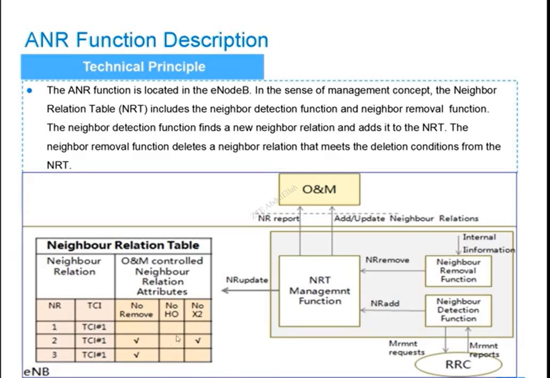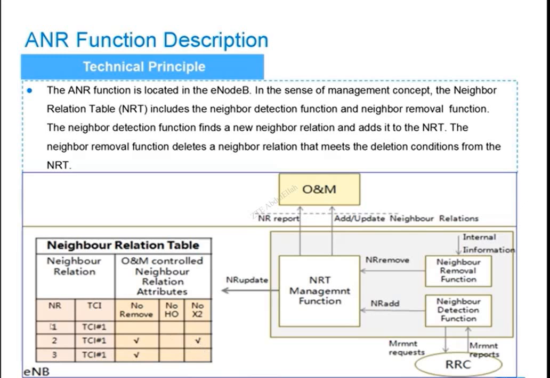And here, for no handover and no X2 handover, there are no marks, which means it's okay. For neighbor relation 2, the target cell ID is 2, but here the no handover and no X2 handover attributes have a mark.